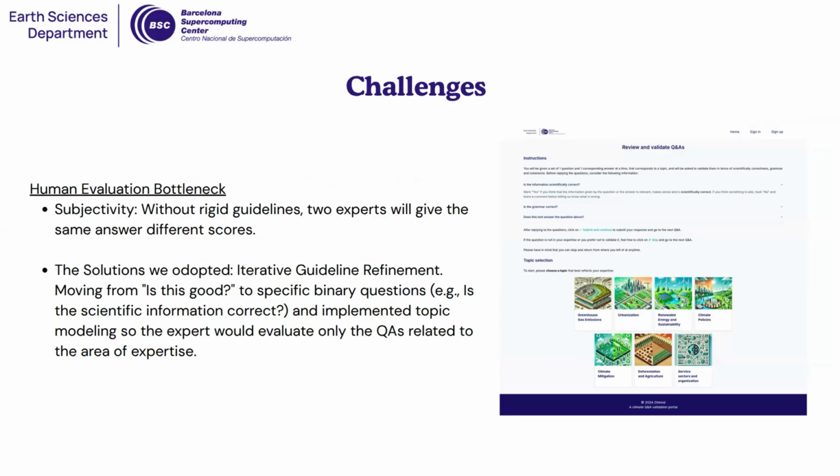We also implemented topic modeling, so the portal automatically routes questions to the specific area of an expert's expertise, and the expert can choose the topic they have expertise in or are interested in. This shift allowed us to decrease the hallucination percentage in our synthetic data and the amount of time consumed by our experts.